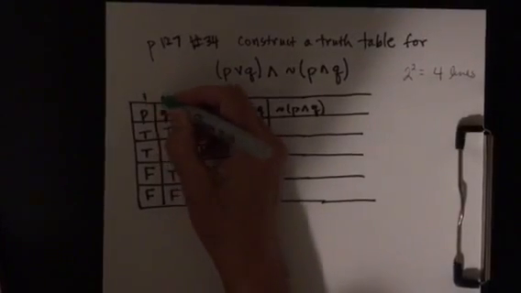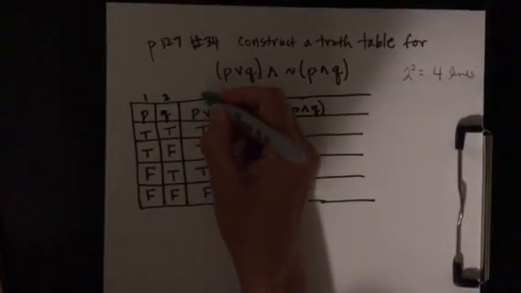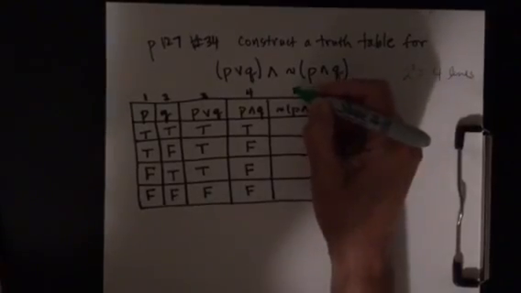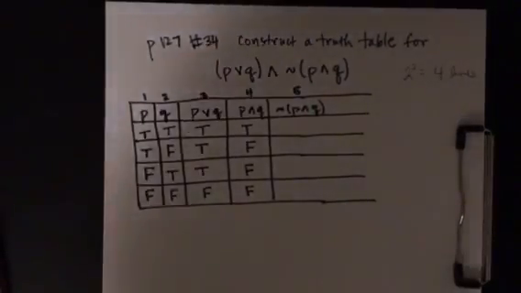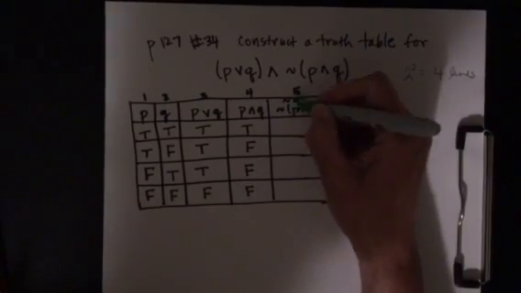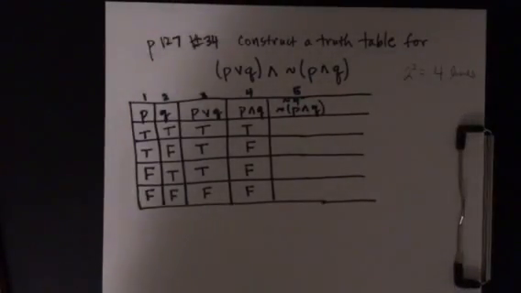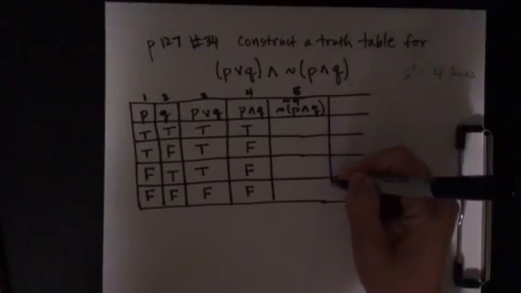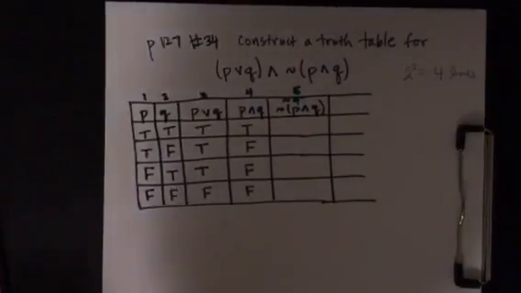I numbered the columns. 1, 2, 3, 4. So this is now column 5. And column 5 is the not of column 4. And if you're doing the not, you're doing the negation, you change the truth values.